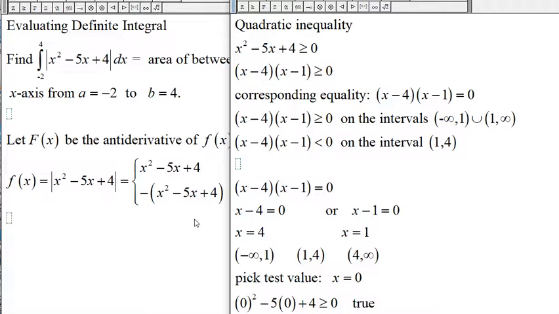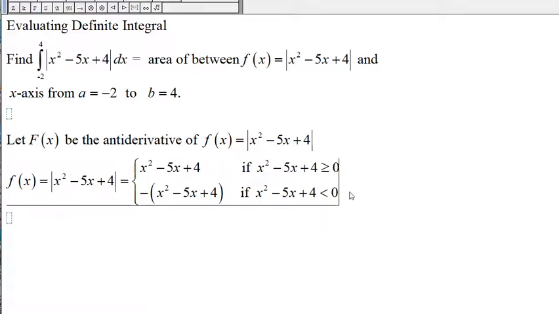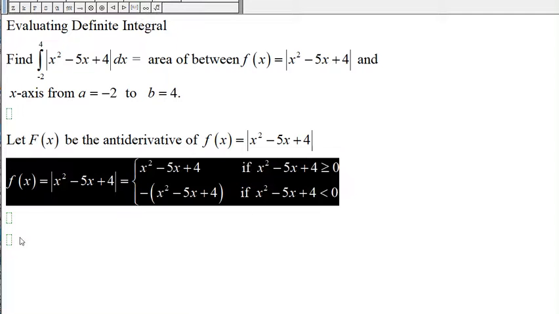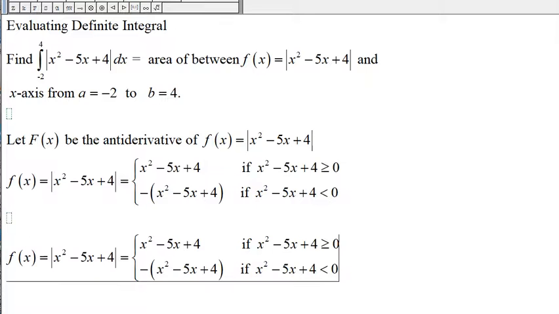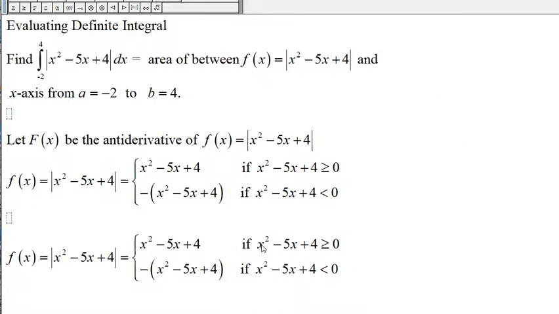And so now back to our integral problem here. And so this inequality greater than 0 on these intervals. So what that means is this. This is the same as this.